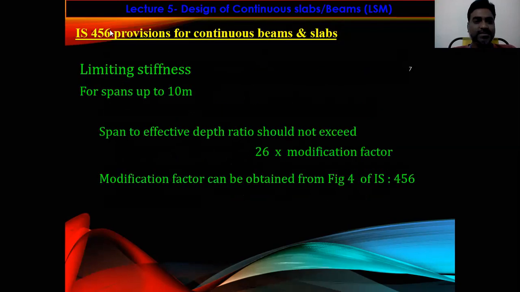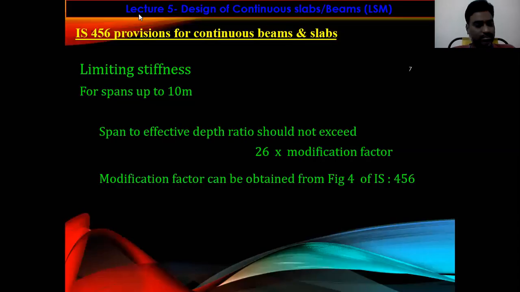So next is limiting stiffness. You need to determine the limiting stiffness of the member. Now coming to the limiting stiffness of span, for spans up to 10 meters, the span to effective depth ratio should not exceed 26 into modification factor.